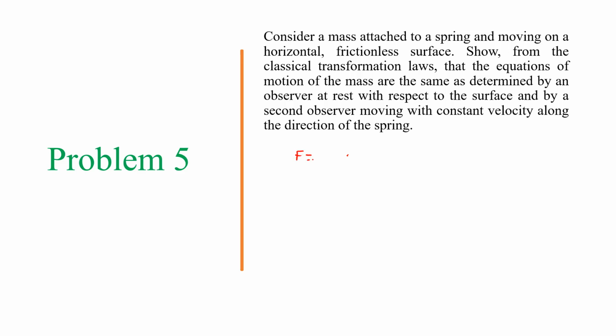F is equal to ma, mass times acceleration, where F for this system is just equal to minus k times (x minus x naught). So x being the final position of the mass and x naught is the initial position of the mass.